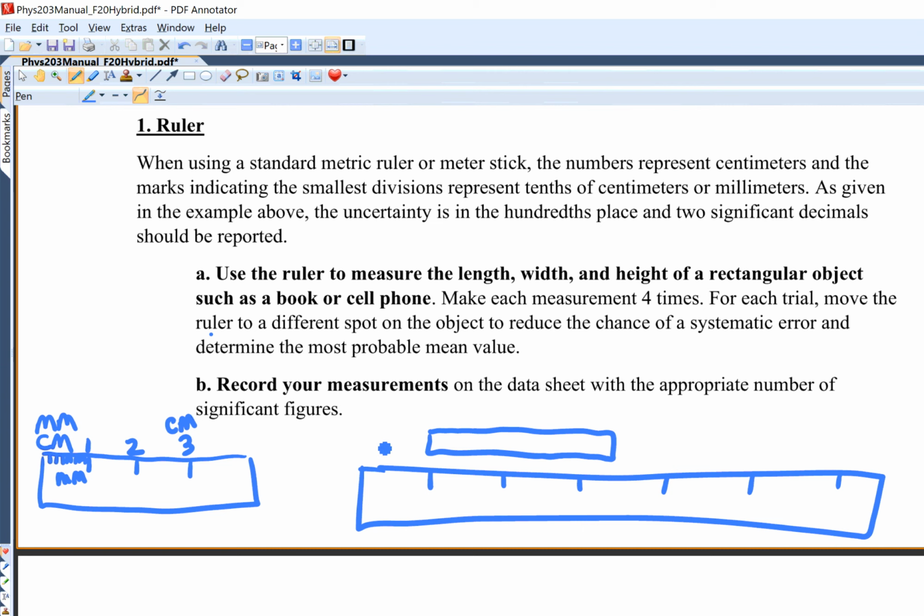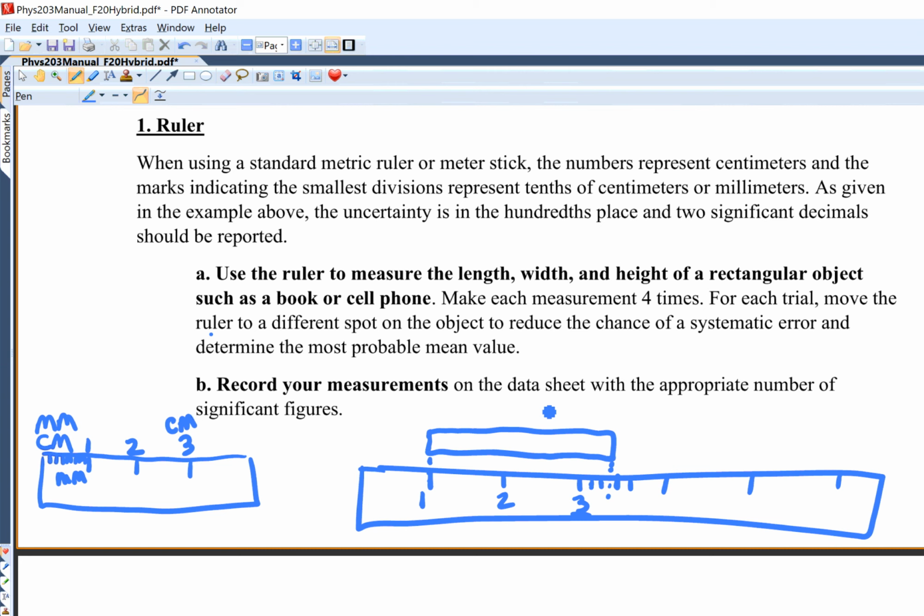So let's say this is 1 centimeter, 2, 3, and let's see. I'm going to just draw some tick marks there like that. You'll see why. So I'm starting right here. I'm going up to 3, and then I have 3.1, 3.2, and then this is 3.3. And it looks like my device sort of falls in between there.